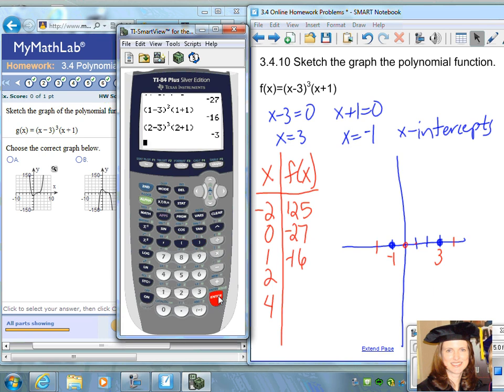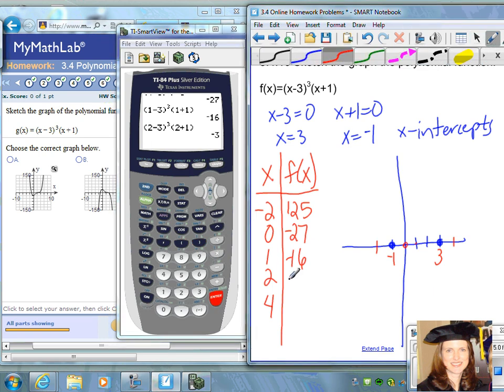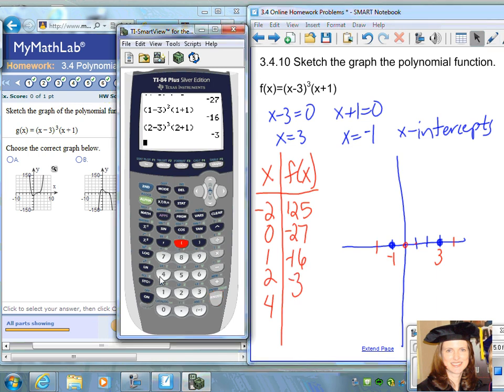And you get negative 3. And then finally plug 4 in for x. And simplify. And you get 5.